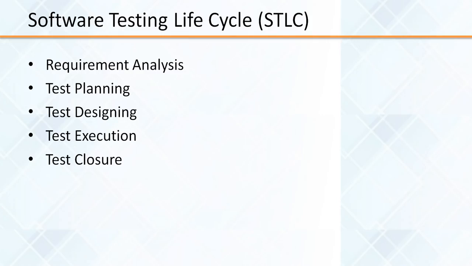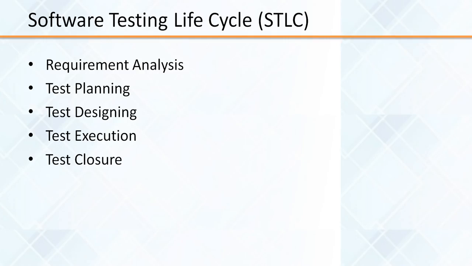Now let us discuss the software testing lifecycle. STLC is a part of SDLC, the software development lifecycle. In STLC, the whole testing team is involved in these phases. Testing starts with requirement analysis, then test planning, test designing, test execution, and test closure.